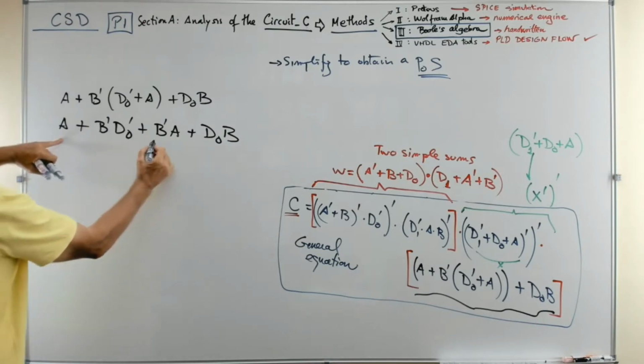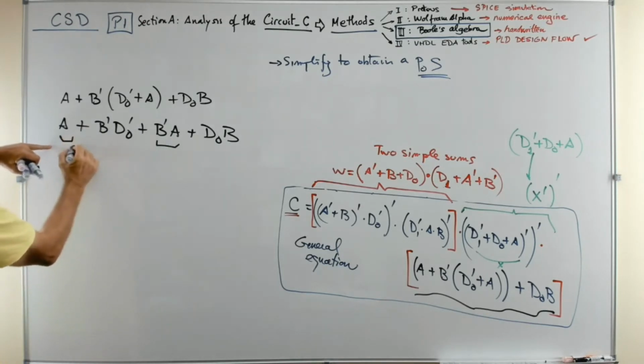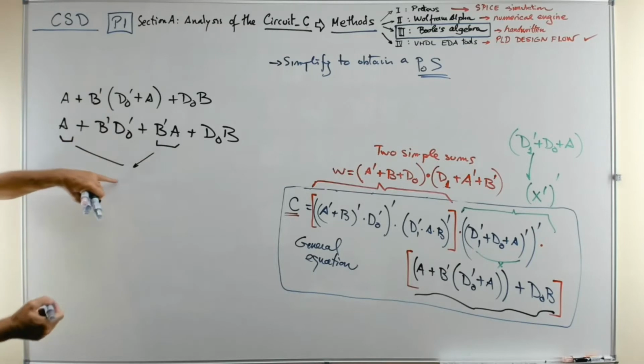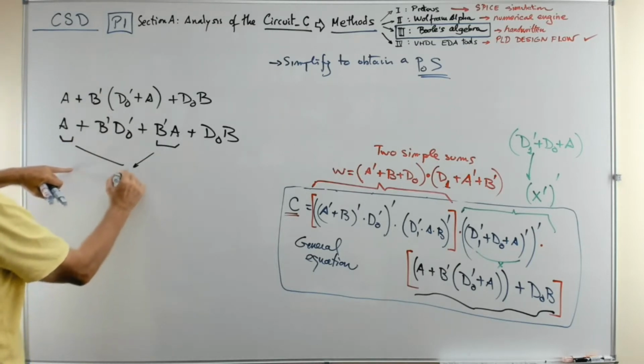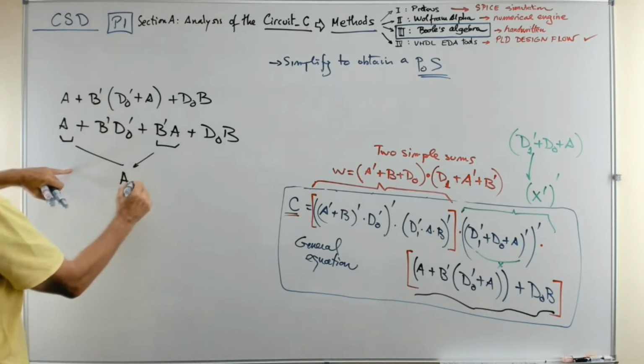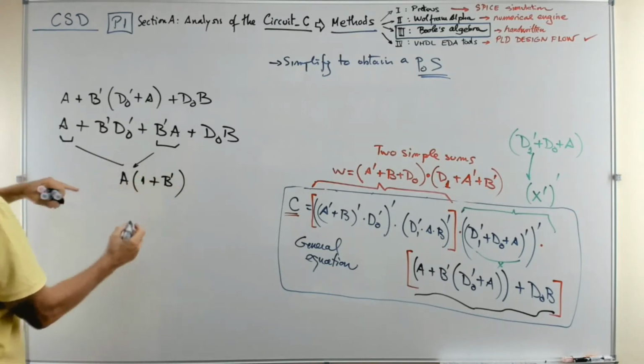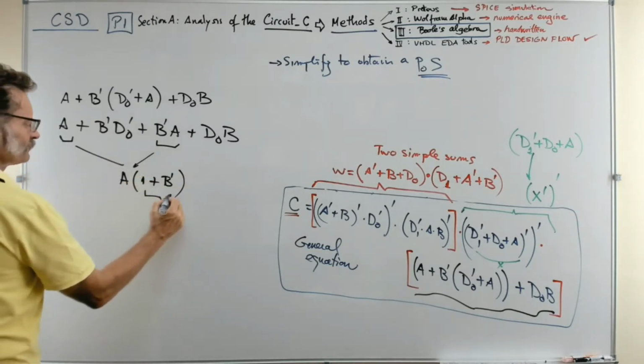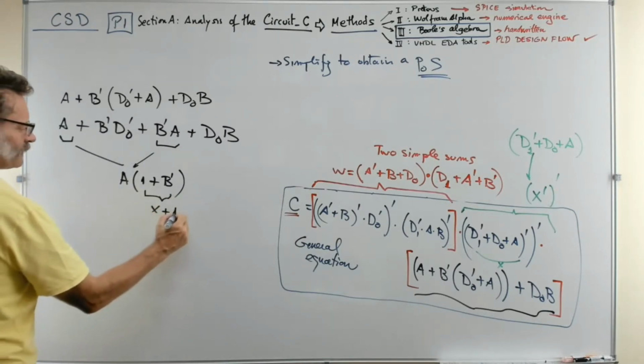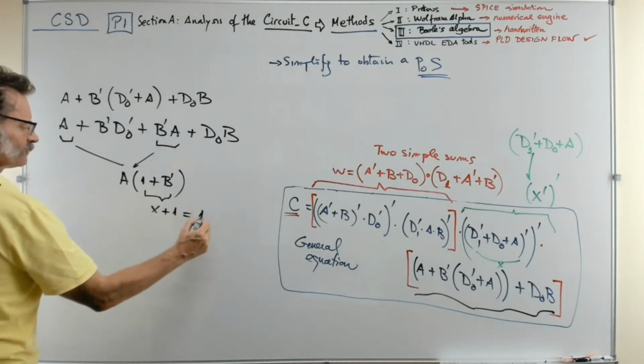For example, yes, I can consider this term, and I can generate a common factor, A, and so this is going to be 1 or B naught, and remember that everything which is x or 1 is always 1, right?